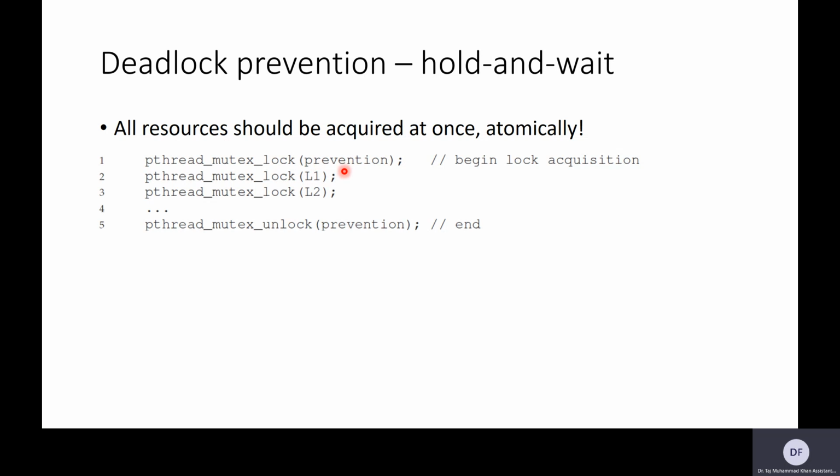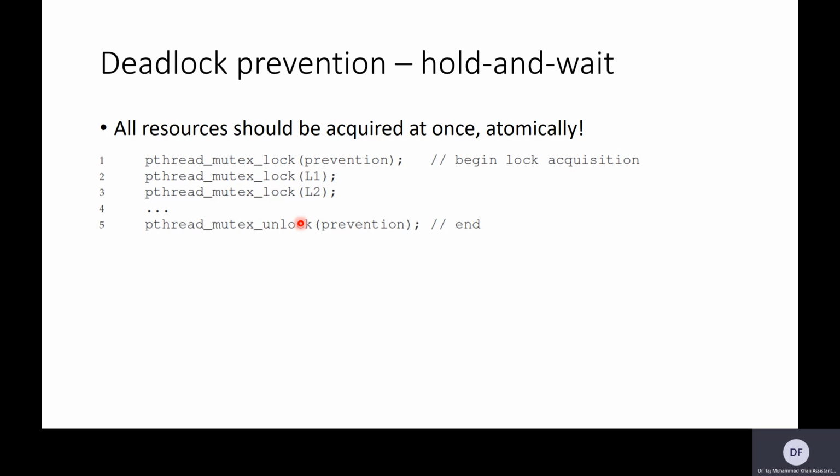The prevention lock will prevent multiple threads accessing these locks at any given time, and only one thread will be able to acquire the prevention lock and acquire all these resources. So while we have acquired L1 and are going to acquire L2, no other thread can come and acquire L2 before us, because that thread also will have to first acquire the prevention lock which we are holding, so it will not be able to enter this section and acquire L2.